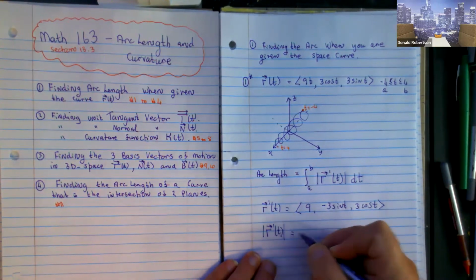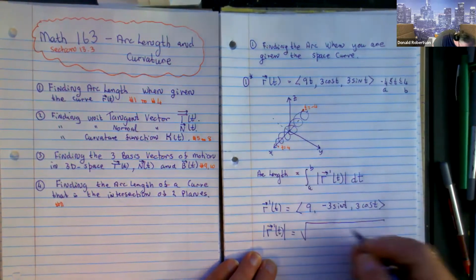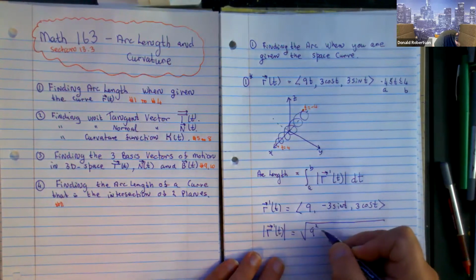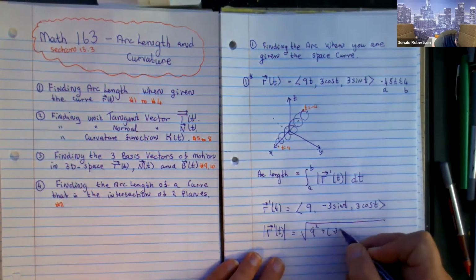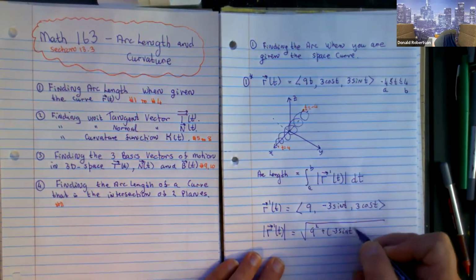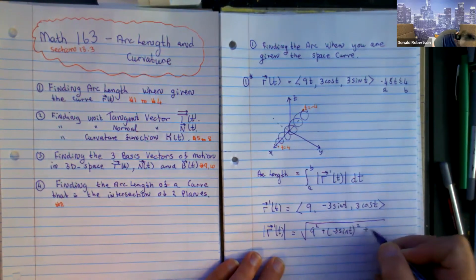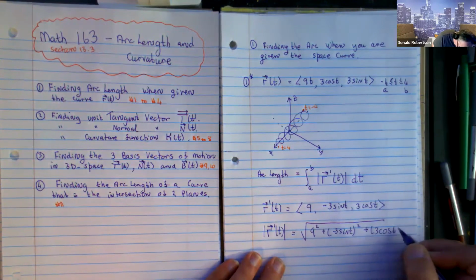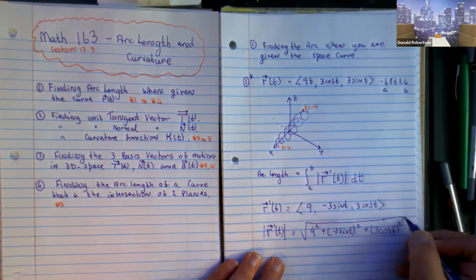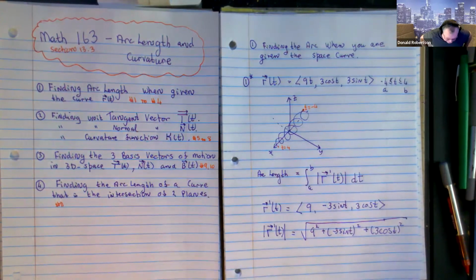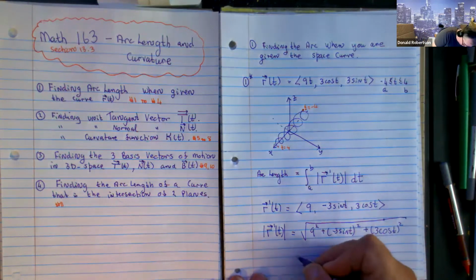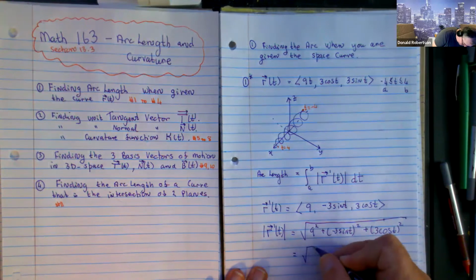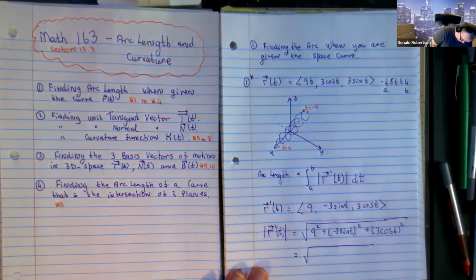Now, the magnitude of a vector is the square root of each component squared and added. Superficially, you might think this is not going to be easy because there are going to be sines and cosines squared, and trying to integrate something with those kind of terms inside a square root is typically not going to be pretty. But in this case, it is.